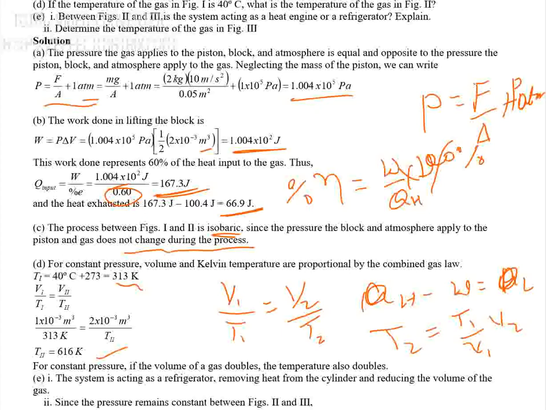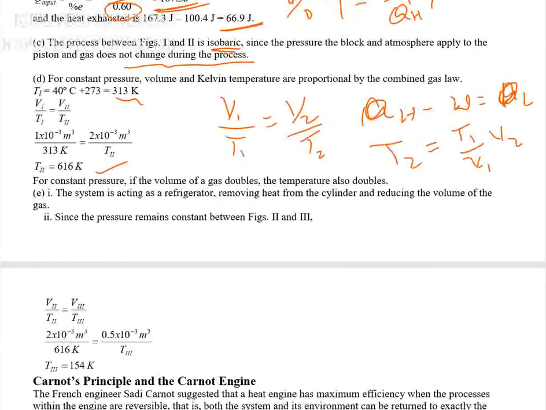In E, between figures 2 and 3, is the system acting as a heat engine or refrigerator? Explain. And determine the temperature of the gas in figure C. Therefore, in E, to answer the first, the system is acting as a refrigerator because it removes heat from the cylinder. A refrigerator removes heat energy from a substance which is put in the refrigerator.